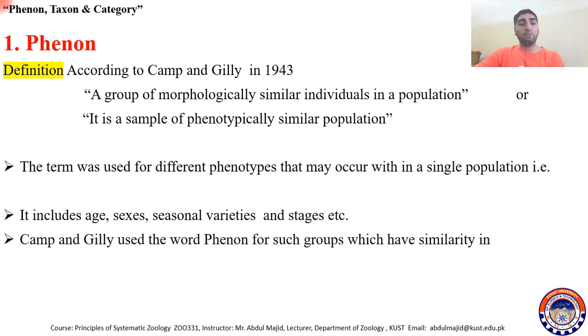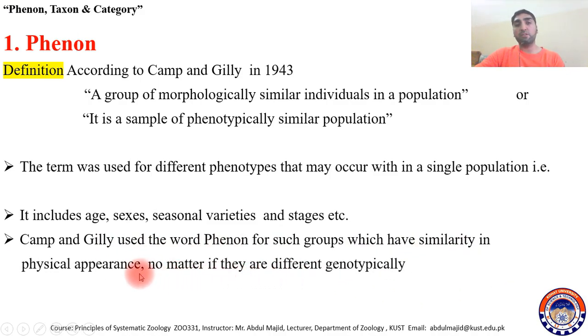Kemp and Gilly use the word phenon for such groups which have similarity in physical appearances. So no matter if they are different genotypically, we don't go into the detail of the genetics. If they are genetically different, it's okay, it doesn't matter. The actual thing is their physical appearance.